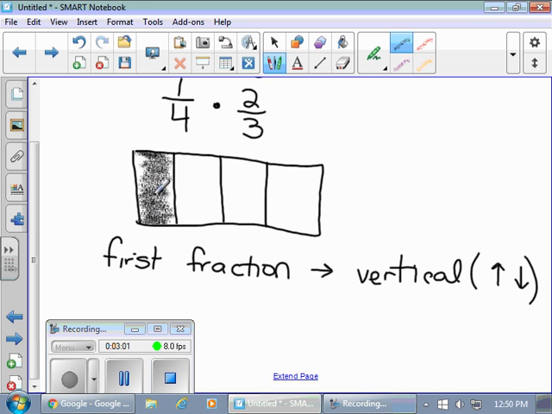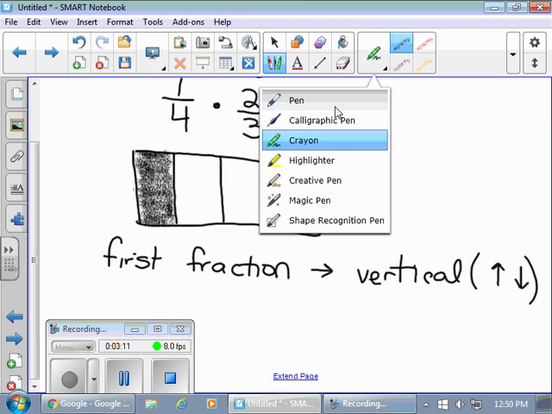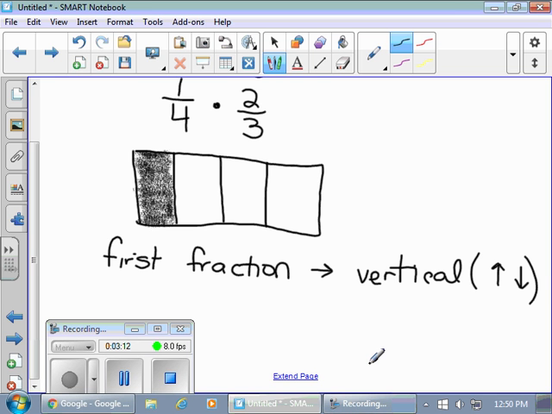I think mine turned out to be black. I thought it looked like it was blue. Okay, everybody see what I did? So everybody should have colored 1/4 of that rectangle. I'm not worried about how I did mine on my board, as long as you did it on your paper.